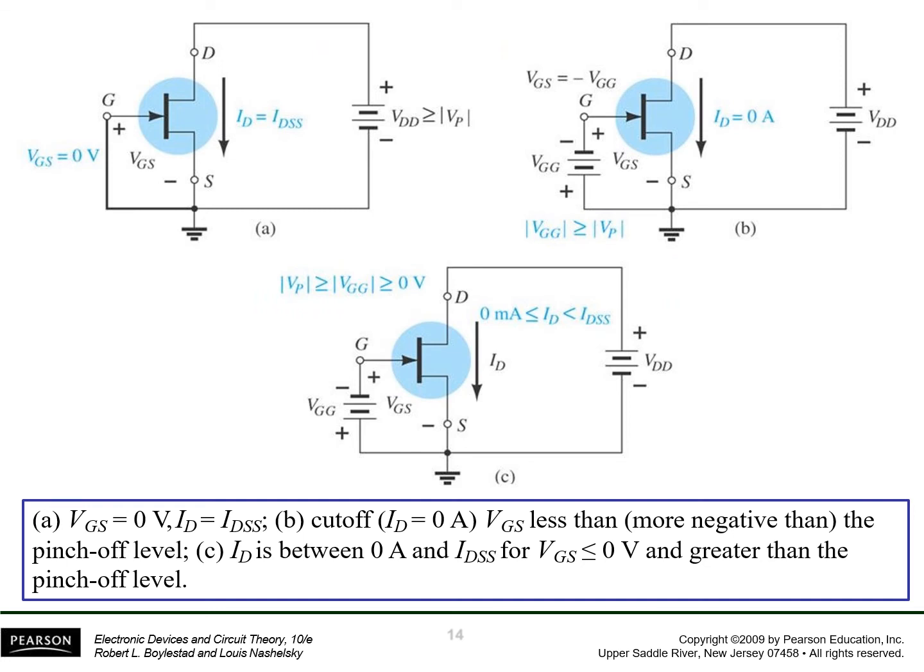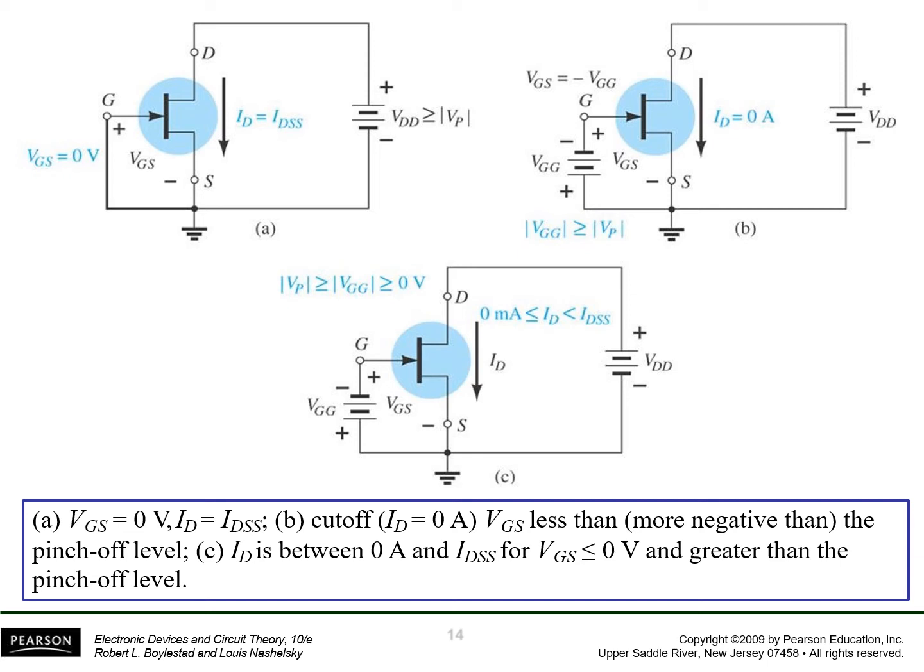Now we have got three examples, in which the first one is the one in which gate and source are connected, which means that VGS is equal to 0, and as we go on increasing VDS, the voltage between the drain and the source, the current increases and it saturates at a value of IDSS.